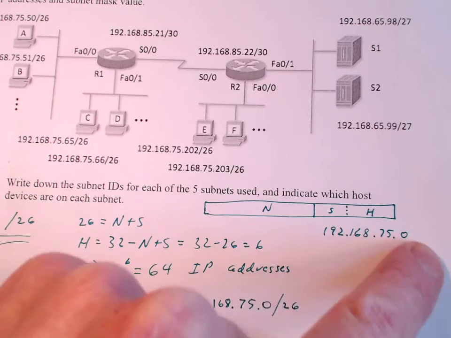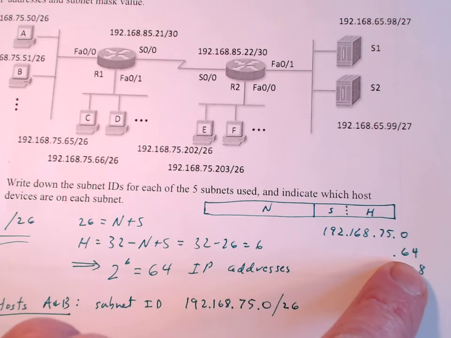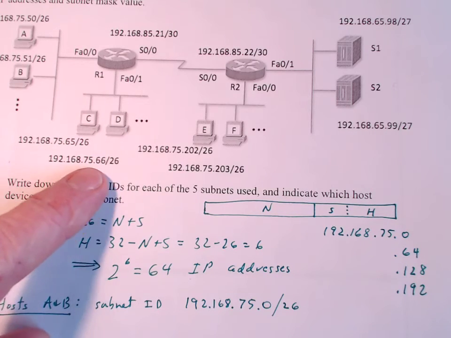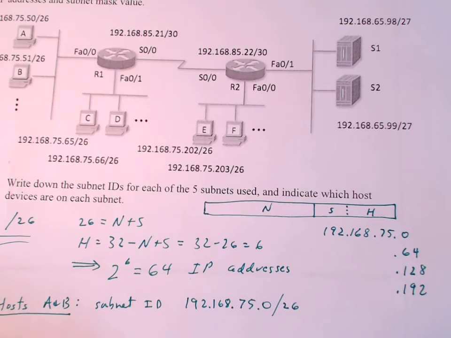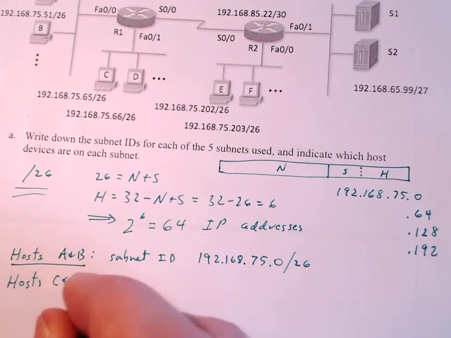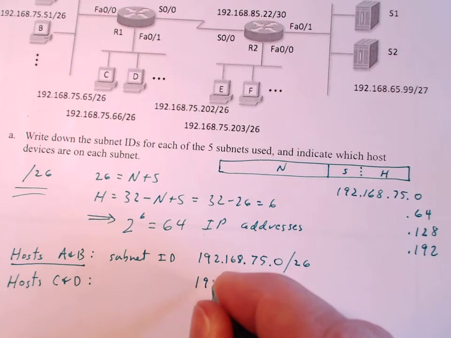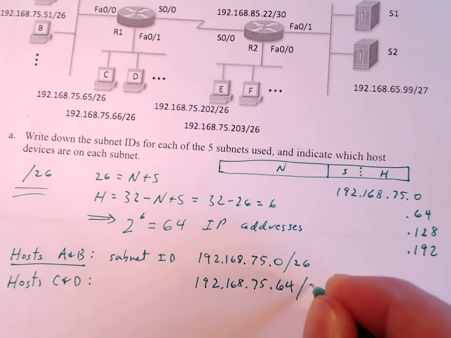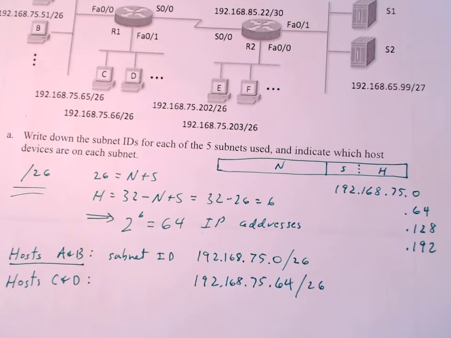You can see that it's range number 2. 64 is the subnet ID, and then 65 and 66 happen to be the next 2 addresses up. So hosts C and D have a subnet ID 192.168.75.64/26.